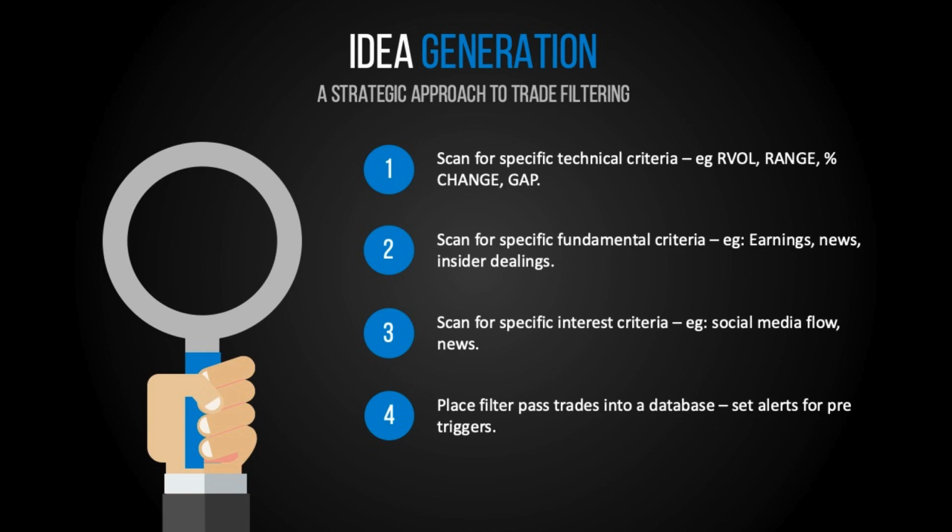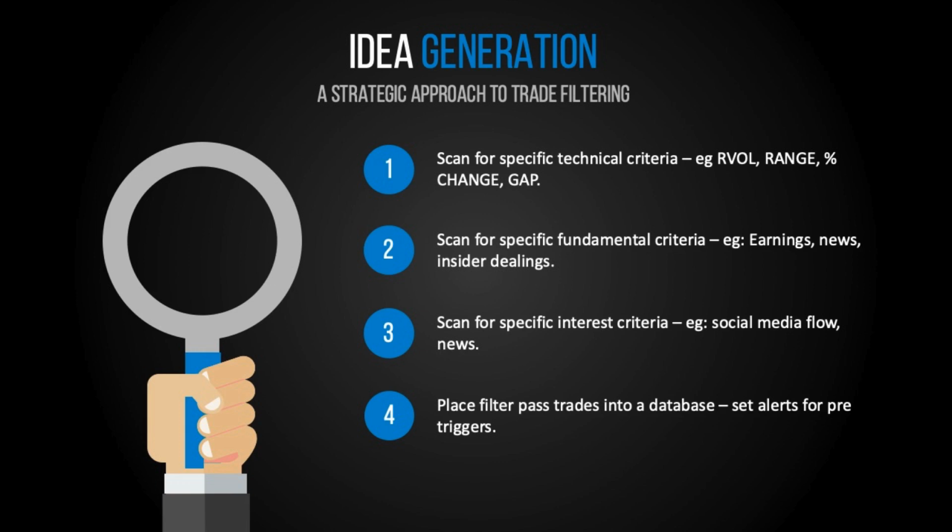The whole point of this, guys, is that we're not looking at every single thing in the world and hoping that something's going to come along right in front of us at the right time. We're using an approach that says, okay, filter for relative volume, filter for range, filter for earnings, filter for these kind of things that we're interested in, bring them to our attention, then we might come into a more filtering process, eyeballing it, saying, well, that matches it, that doesn't match it.